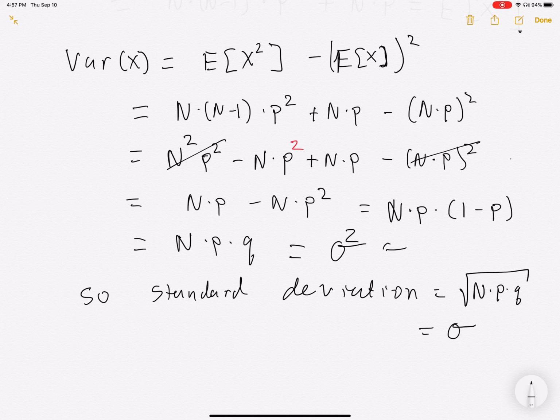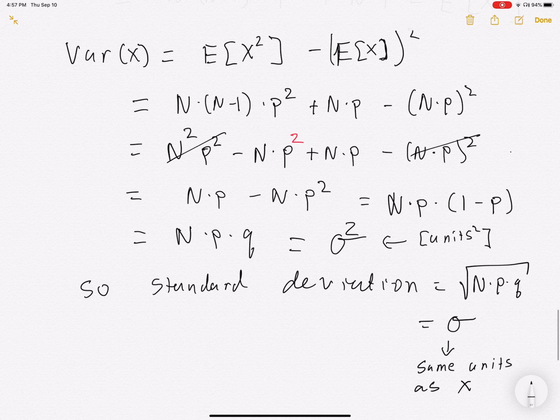This thing right here, the variance, has units squared. Whatever the units of X are, it's squared. And this standard deviation has the same units as X. So a lot of people prefer the standard deviation because it's not units squared, it's the original units we started with, and that's much more useful when interpreting the standard deviation.